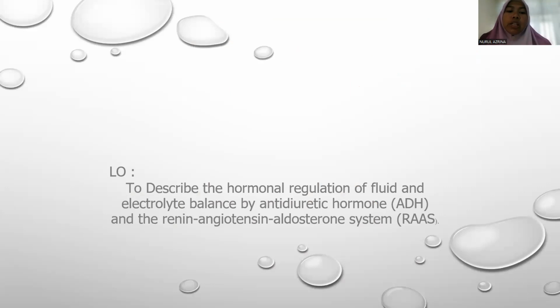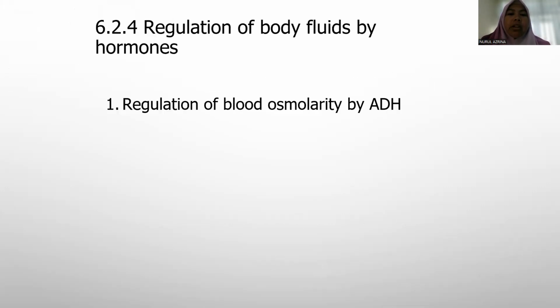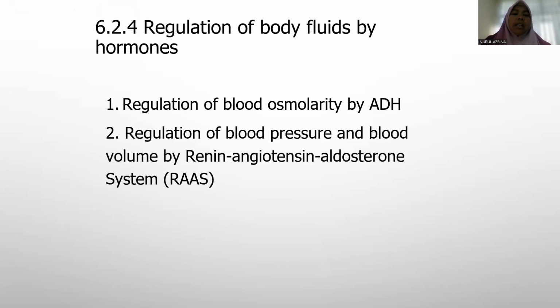Now we go to the hormonal regulation of body fluid by antidiuretic hormone, ADH, and also the renin-angiotensin-aldosterone system, RAAS. Regulation of body fluid by hormone, we have two things over here.